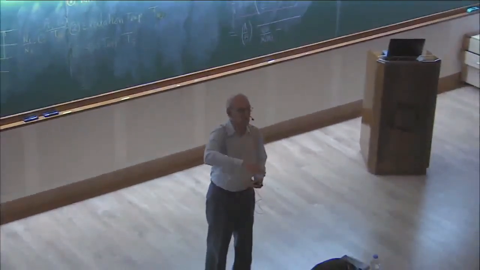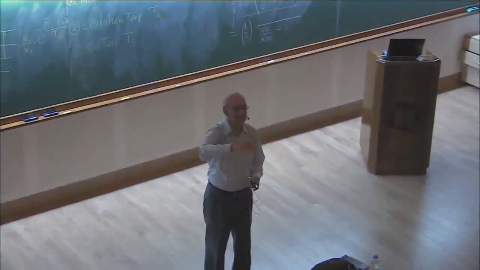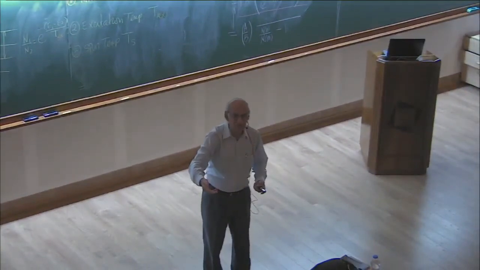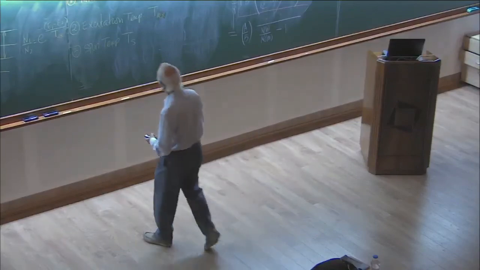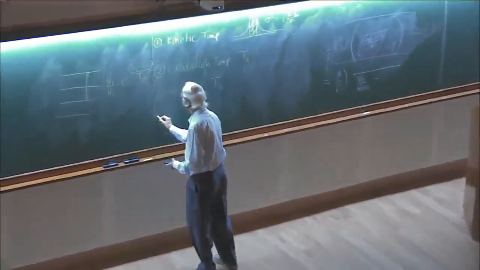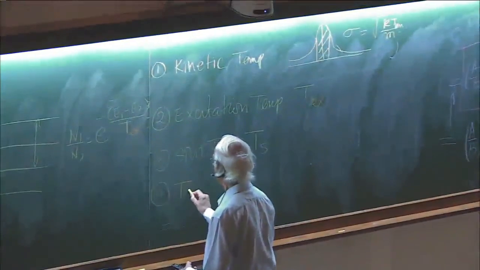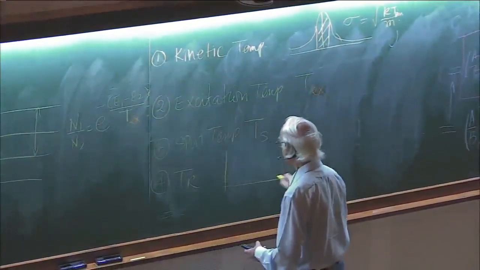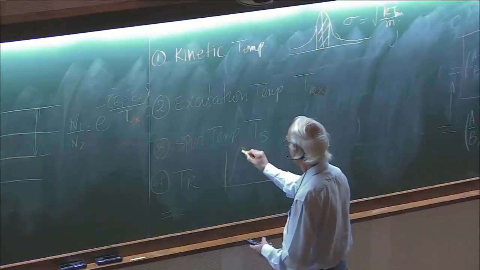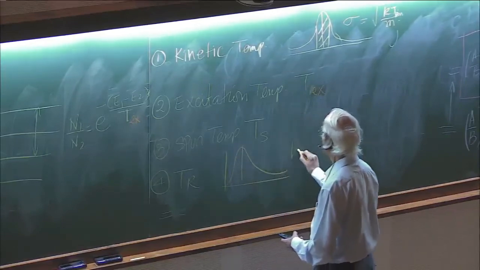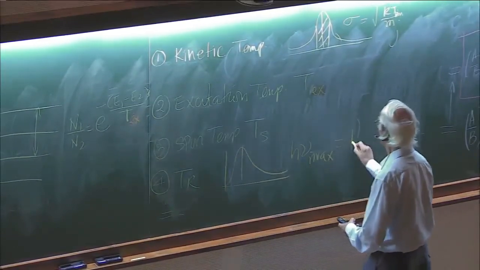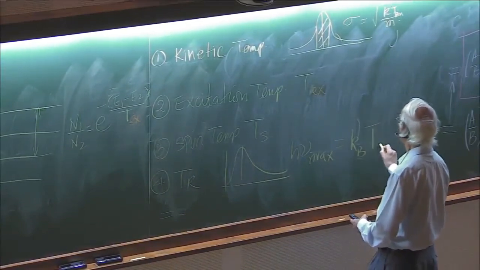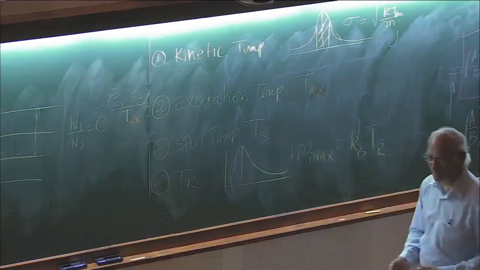And the ratio of population between these in thermal equilibrium is given by a Boltzmann distribution, and that T is called the spin temperature. And then finally, there is the radiation temperature, which is given by Wien's law.